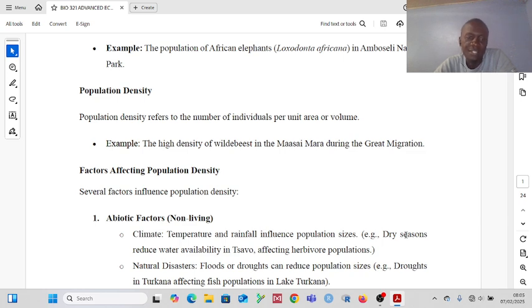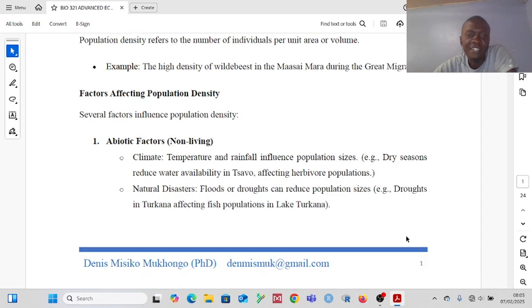Okay, per unit area. So there are several factors that will affect the number of organisms that can be found in a particular area. One is the non-living, the abiotic factors. With the abiotic factors, you are talking of things like climate.